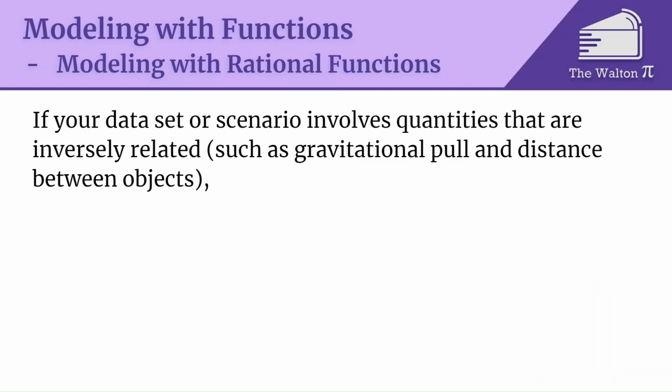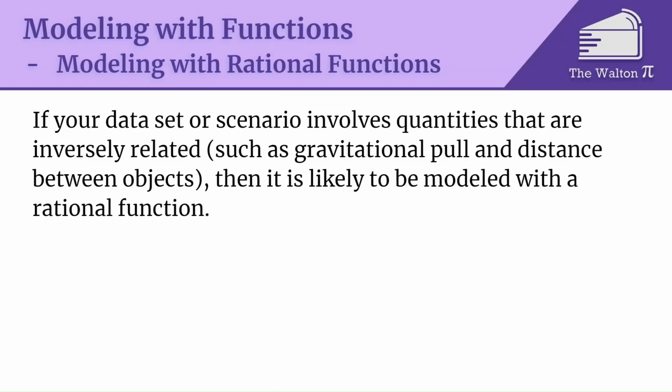Now, if your data set or scenario involves quantities that are inversely related, such as gravitational pull, that gets stronger the closer you are and weaker the farther apart you are, that is likely going to be modeled with a rational function.